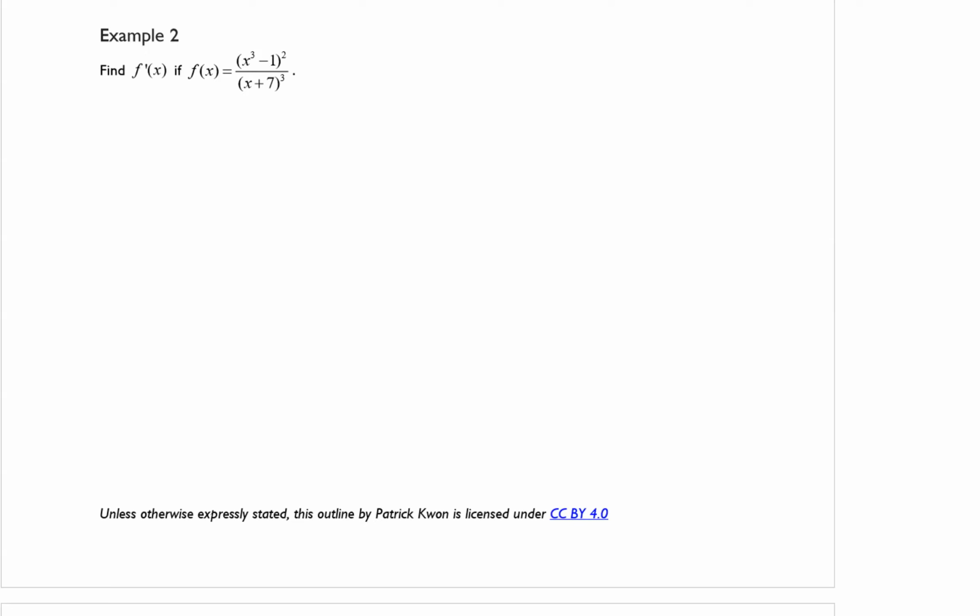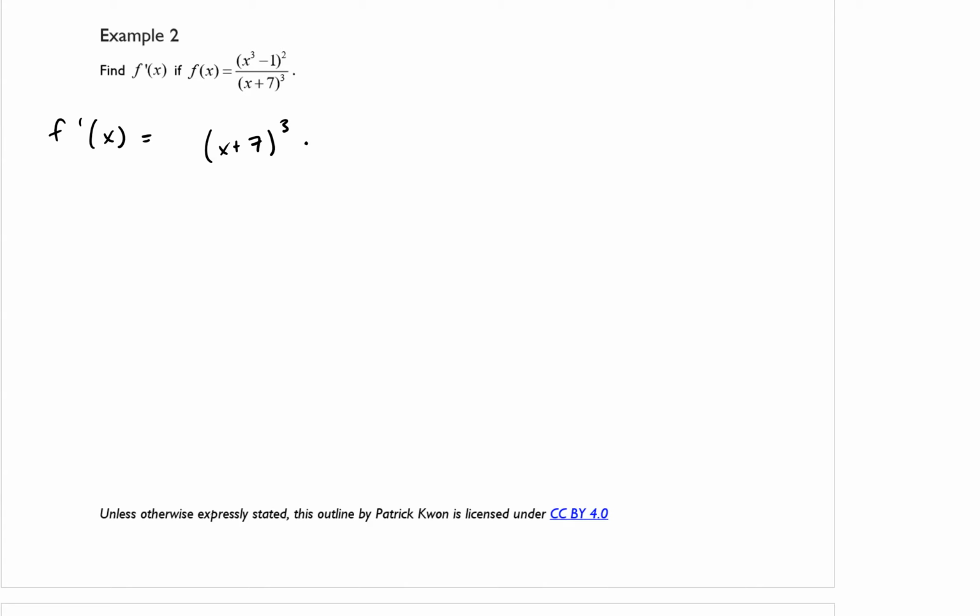Example 2 says find f prime of x if f of x equals the quantity (x cubed minus 1) squared all over the quantity (x plus 7) cubed. So we're going to need to use quotient rule, and we're going to do bottom times the derivative of the top.